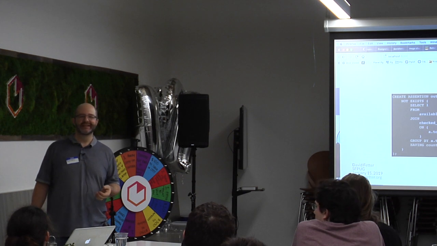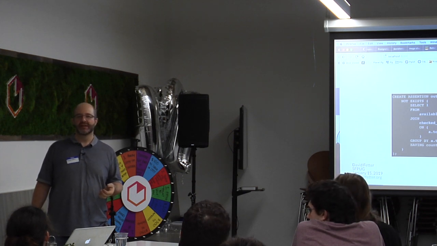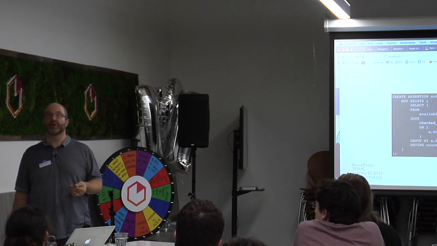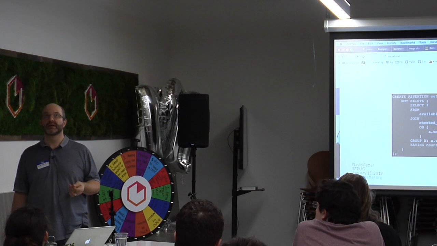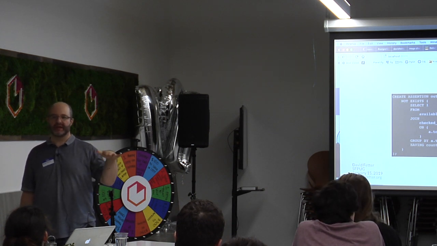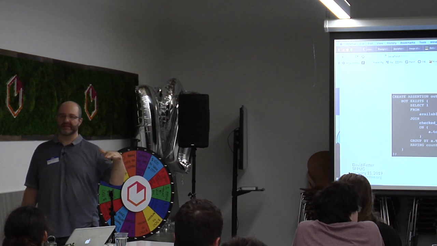So the only action these can have is rollback? Yeah, or at least roll back to savepoint, when it says error out.